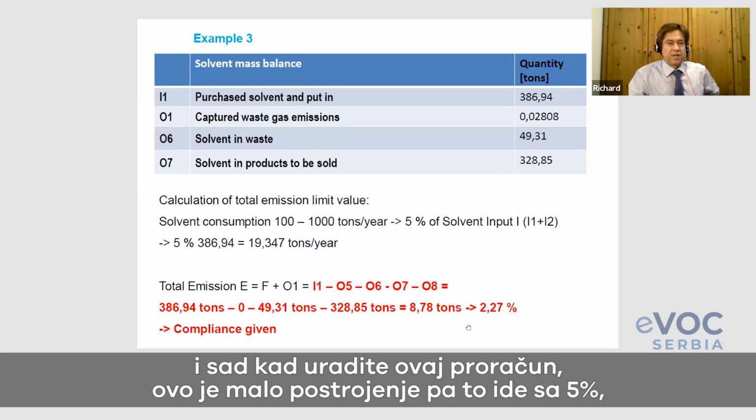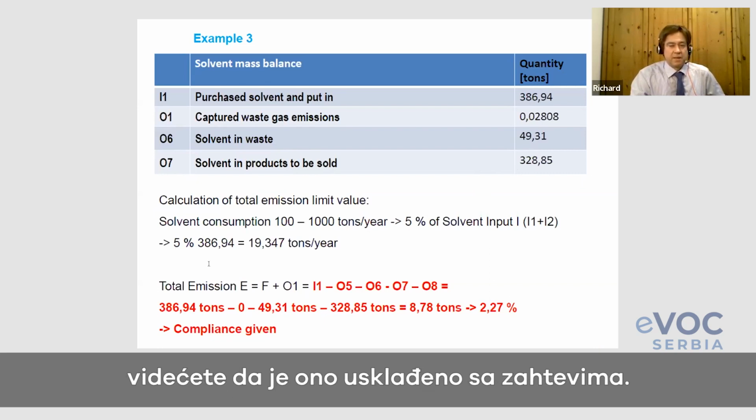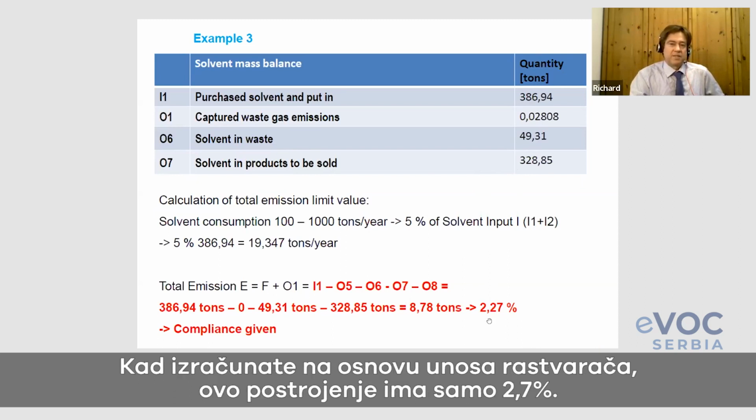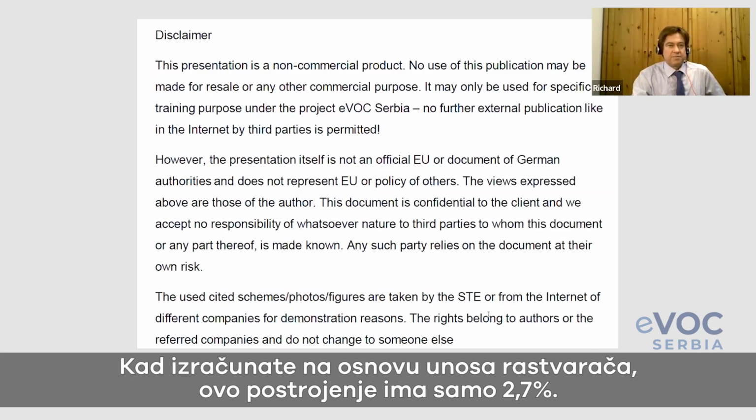Then if you do the calculation for that small installation, you will see the compliance is given. 5% is the limit, because of the solvent input, and you see that installation has only 2.7%.